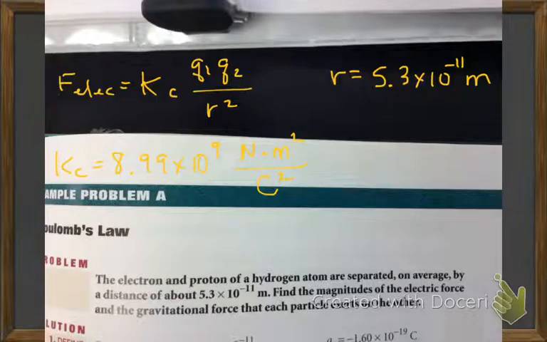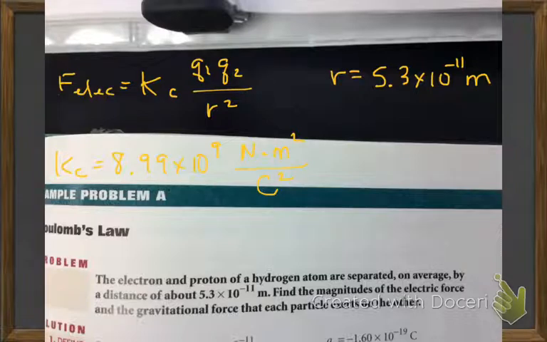The electron and proton. Do you know the charge of the electron and the proton? Did we not just go over that charge in the previous section? Right, 1.60 times 10 to the negative 19th. So you go ahead and plug this in.